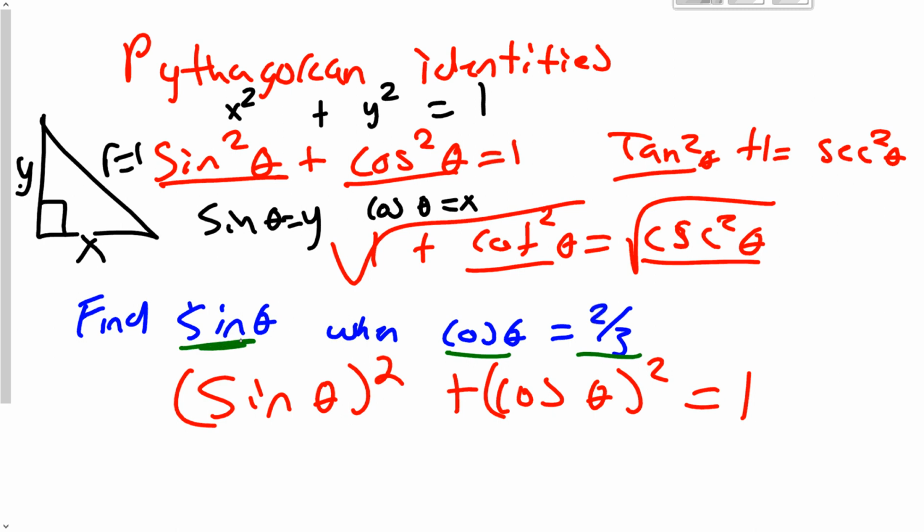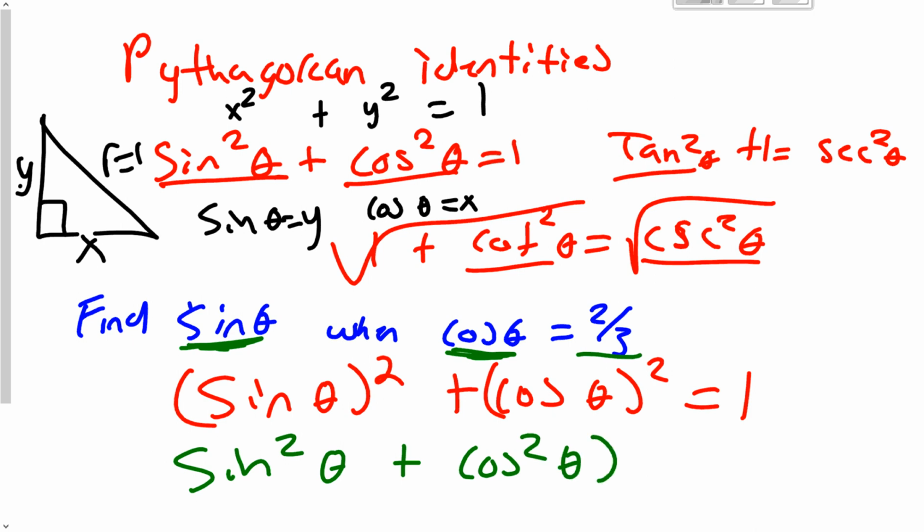First of all, I want to look at what I'm trying to find, what I am given, and which of these trig functions relate. This first one, sine squared of theta plus cosine squared of theta equals 1. I want to find sine, but sine is being squared and so is cosine.